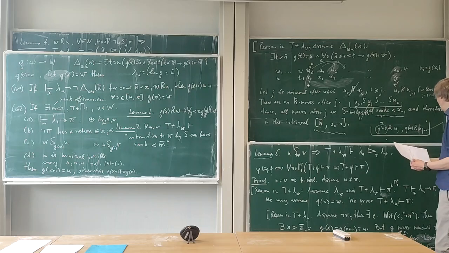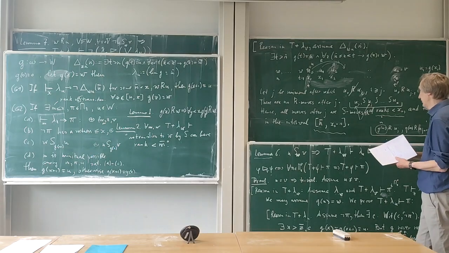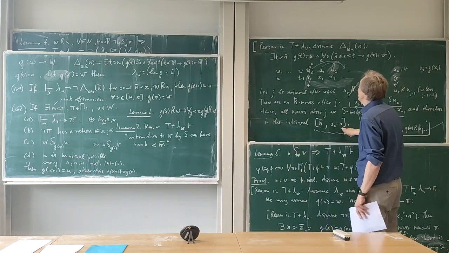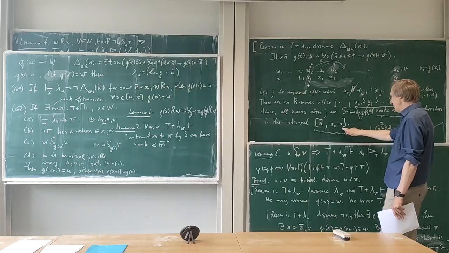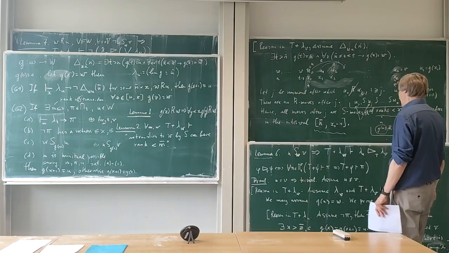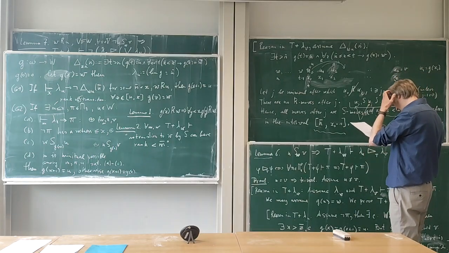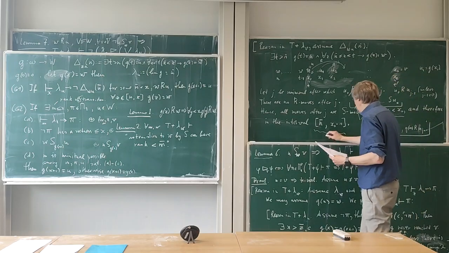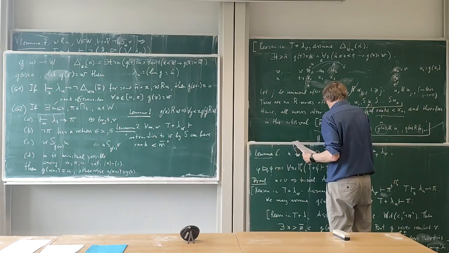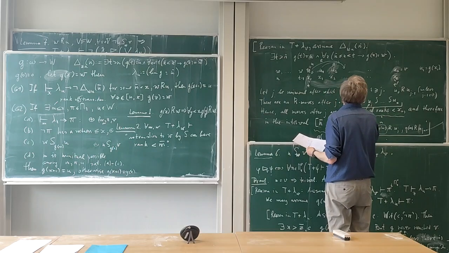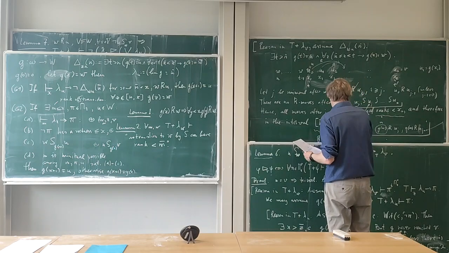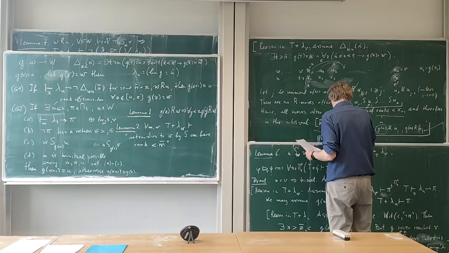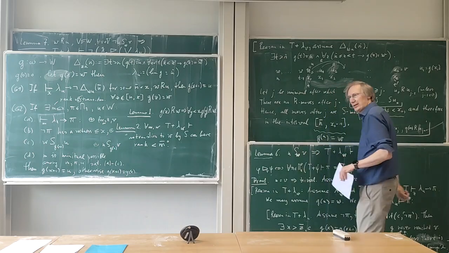Now we look at this interval from n to x0 minus 1. Here g of z equals double.